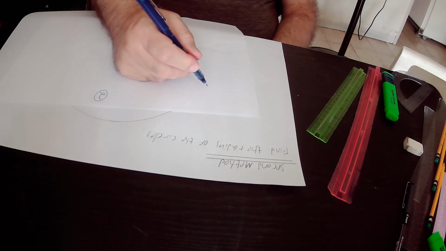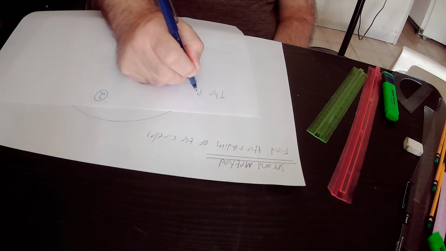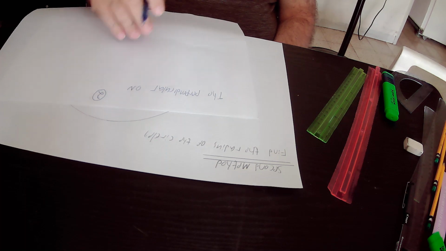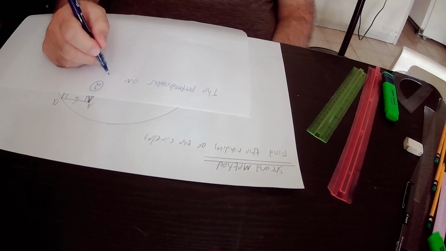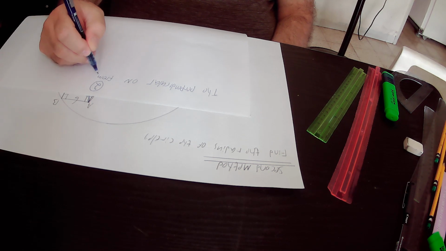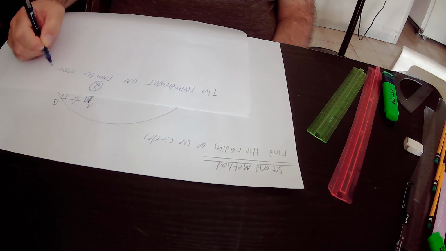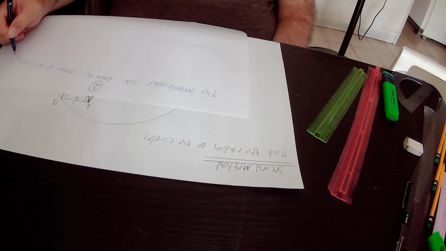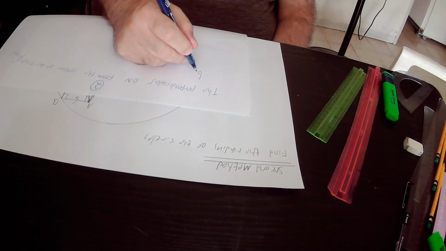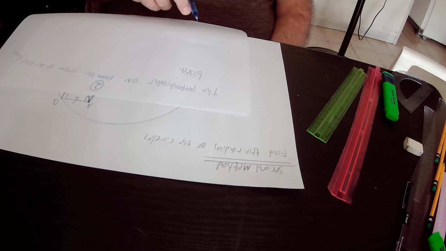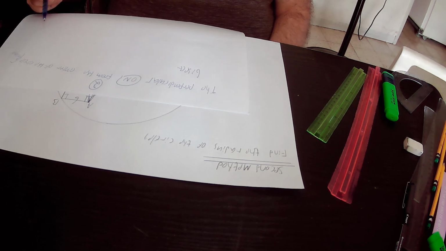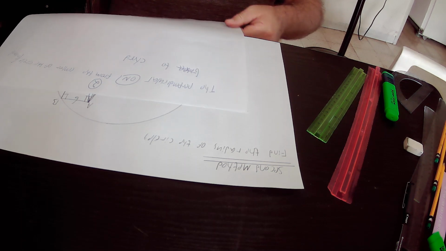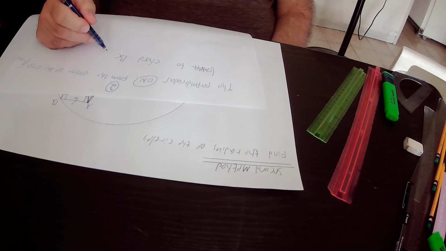In our original drawing, the perpendicular ON from the center of the circle, that is to say point O, to chord BC, bisects the chord.